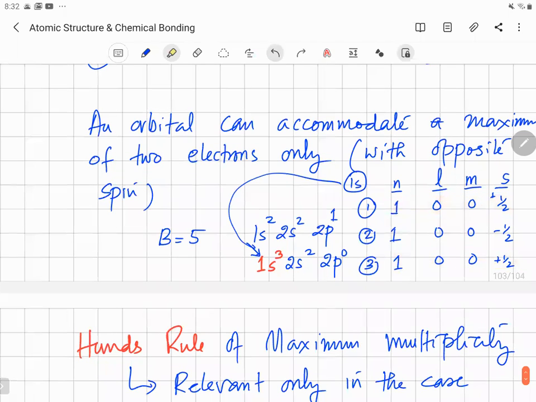Now, if I give minus half, then also it violates Pauli's exclusion principle because these two addresses are same. So it says an orbital can accommodate only 2 electrons, not more than that. So this electronic configuration is not possible. Understood? Right.